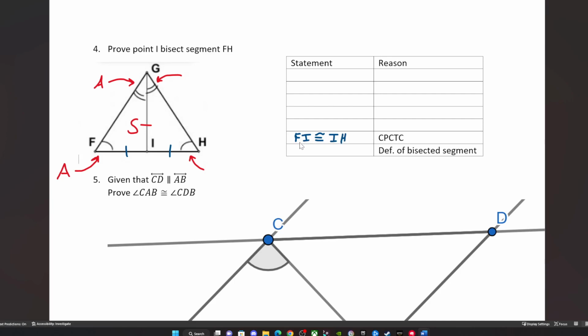And so, because these two sides are congruent, my last statement would be that point I bisects FH. Why? Well, because of the definition of bisected segments. And that would be it.